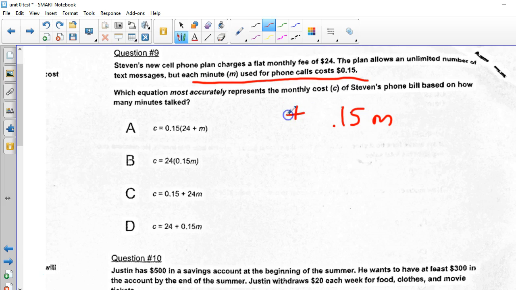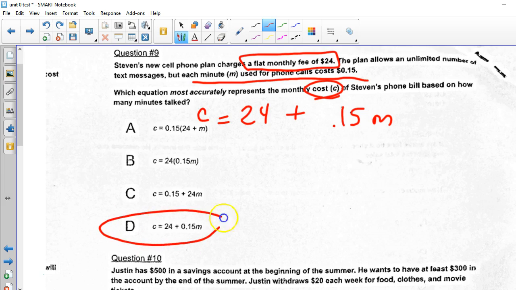Plus, he has to pay $24. That's his constant term right there. The plan allows for an unlimited number of text messages. So it looks to me like the total cost, C, is going to equal 24 plus 15 cents per minute for phone calls. Do you see that one? Yeah, it's right there. D.